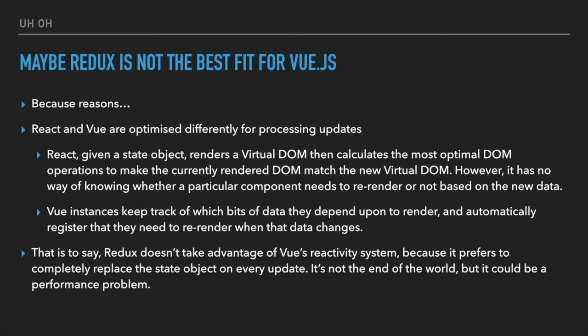Vue works differently. It has a reactivity, a dependency management system. So when the Vue instance boots up, it looks at your data, and then it goes through and uses an ES5 feature called Object.defineProperty to set getters and setters on all of your bits of data.